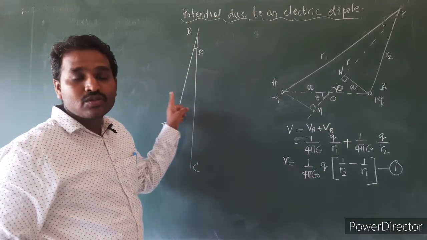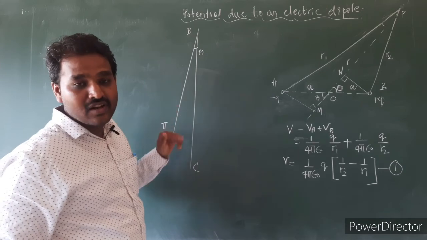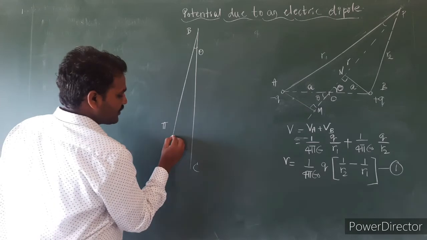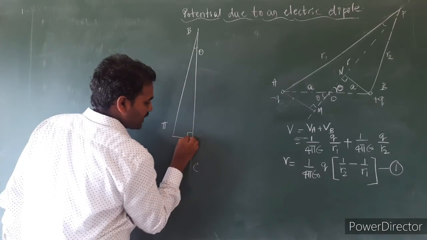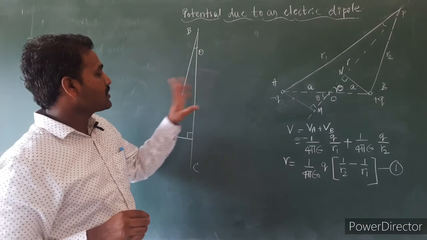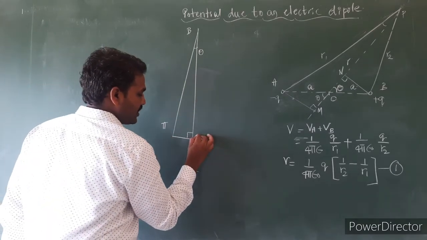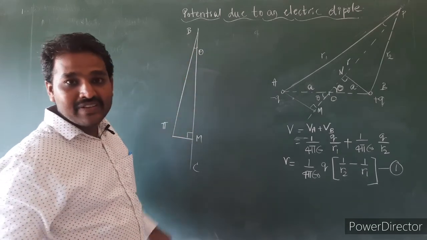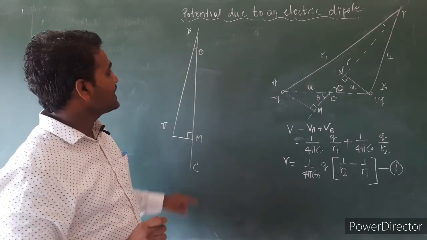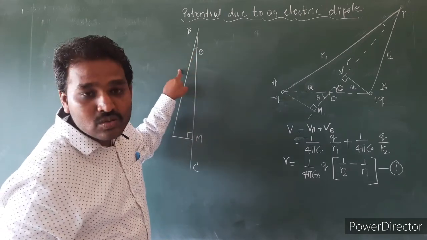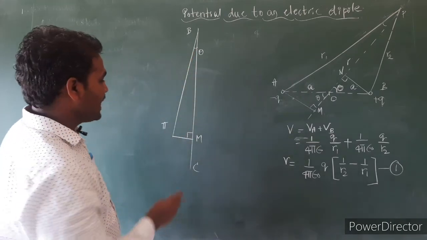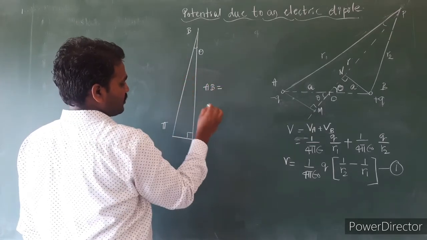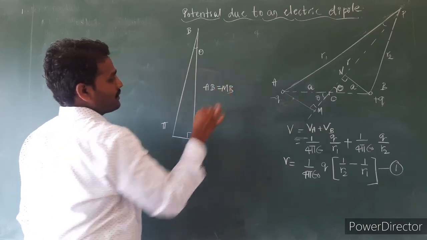So when I have two lines which are very close to each other, or which are making a very small angle between each other, if I draw one perpendicular line from the smaller line to the larger line, let me call this point M. If this angle AMO is 90 degrees and the angle between these two lines is very small, in that case I can easily write AB is equal to MB.